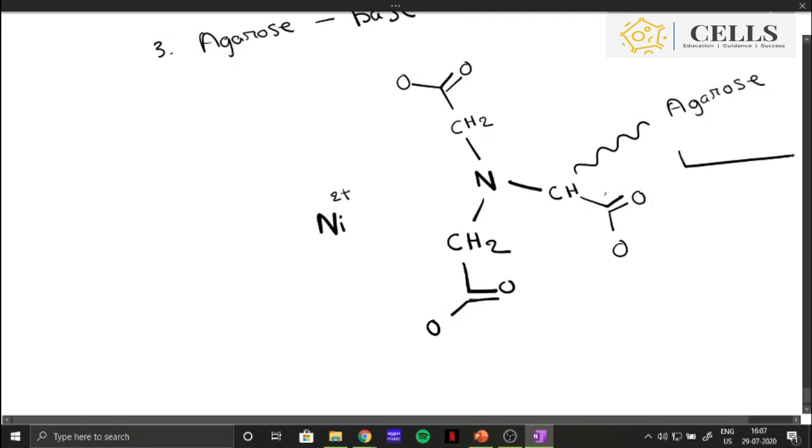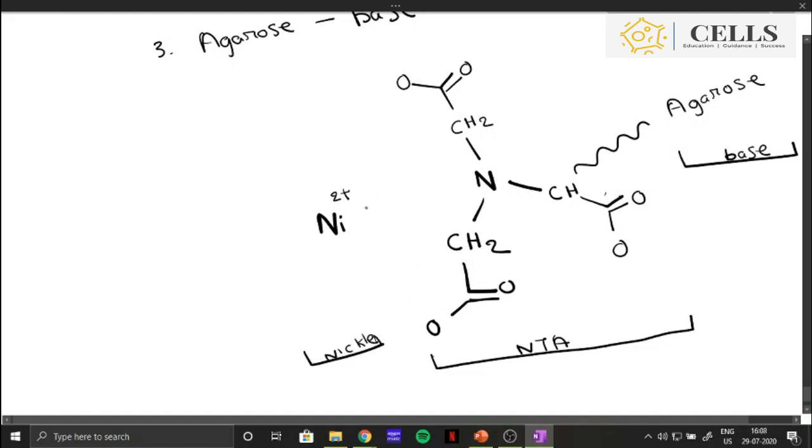So this is the third part, the base or the agarose. This is the NTA, or nitrilotriacetic acid. This part is nickel.